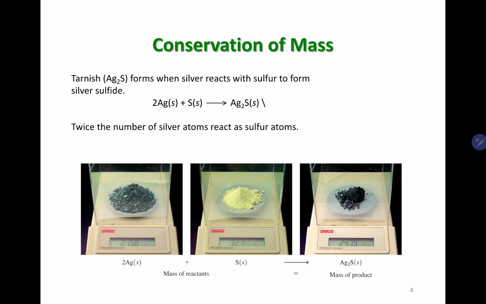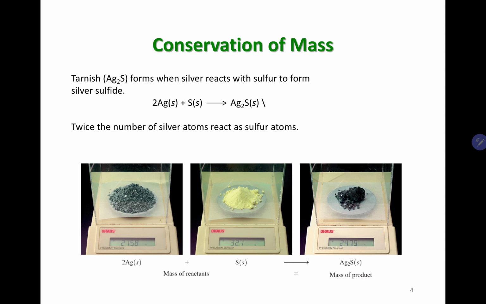So keeping that in mind, let's talk about this law in more detail. I have a reaction between silver and sulfur, generating silver 1 sulfide. The balanced chemical reaction is given in this slide. Let's say you are reacting 215.8 grams of silver and 32.1 grams of sulfur, and the reaction will go to completion if you react these two masses as is.